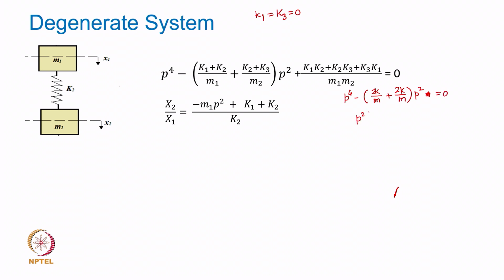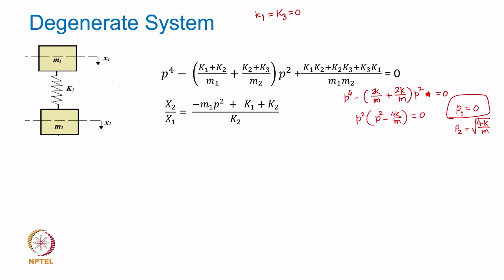So, then you have p squared, minus what will that be, 2k over m, sorry, 4k over m, right, equal to 0. So, now by solving this you have the two natural frequencies: p1 equal to 0 and p2 equal to square root of 4k over m. So, the second one is of course this, but what is the first natural frequency? 0.